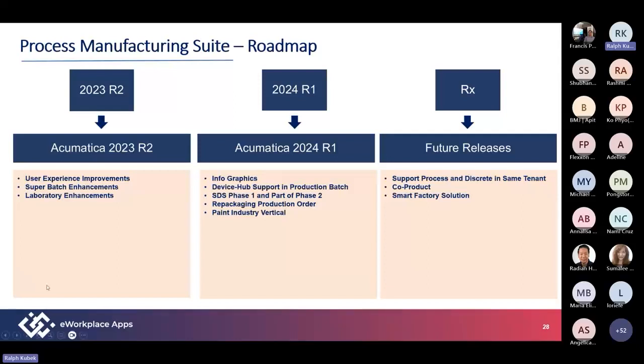We did a lot of improvements in 23R2 related to user experience, the super batch functionality, the lab functionality. In terms of 21R1, our real focus is being able to connect to different devices as well as SDS in labeling. There's databases like LISAM out there that are handling and maintaining details with regards to the chemical makeup of the item.